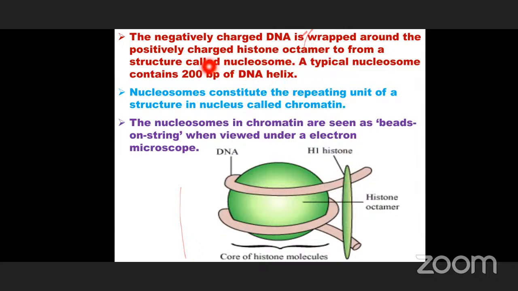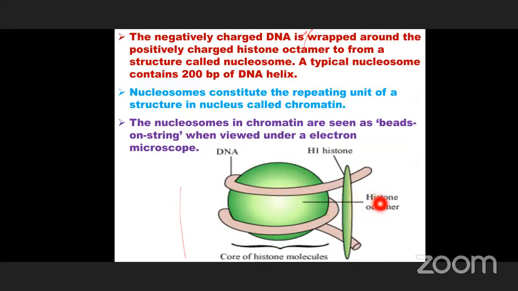So the DNA molecule is negatively charged, which is acidic in nature. These histone proteins are positively charged, they are basic in nature. So this negatively charged DNA is wrapped around the histone proteins and they form the nucleosome.